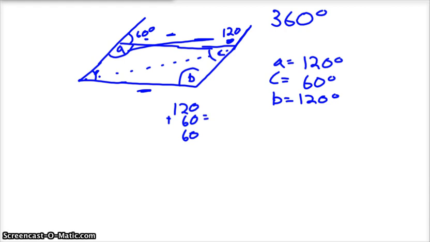So if we add all that up, we're looking at 240. And now we just do 360 minus 240. So we got a 0, we got a 2, and look at that, 120 degrees.